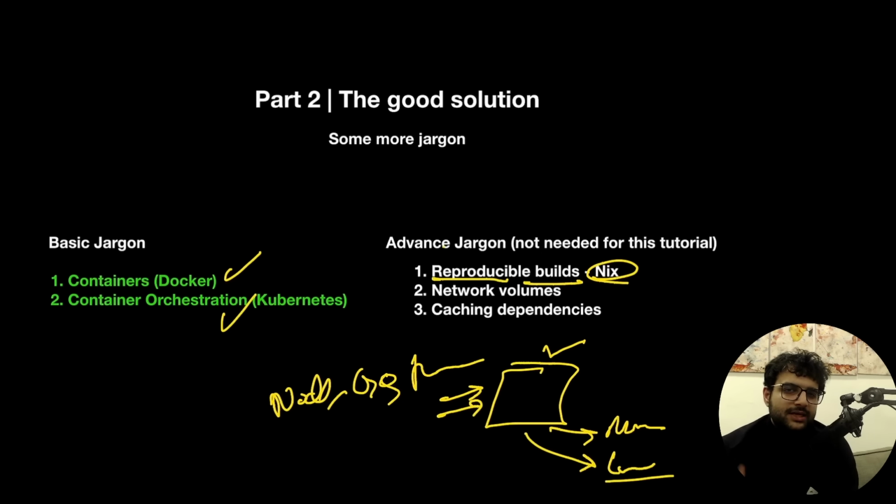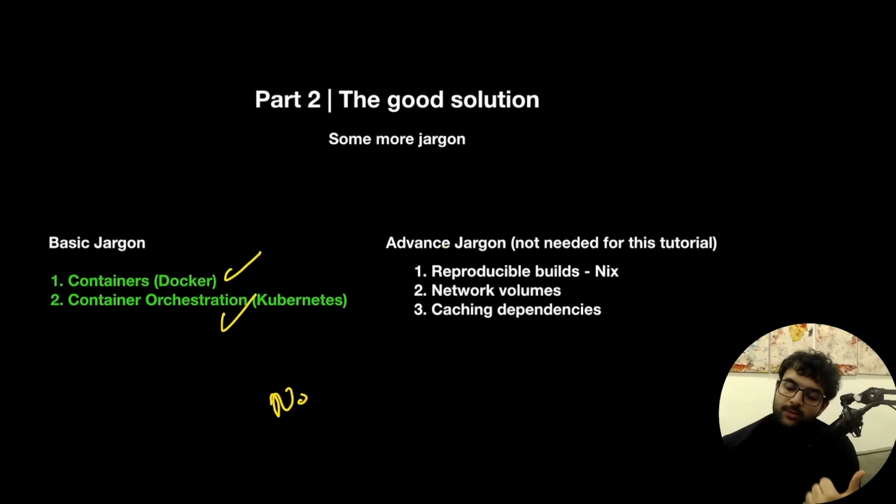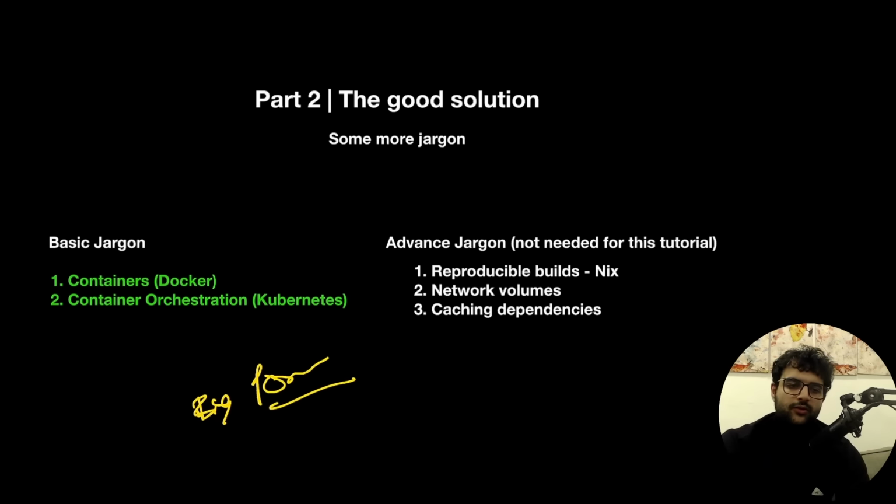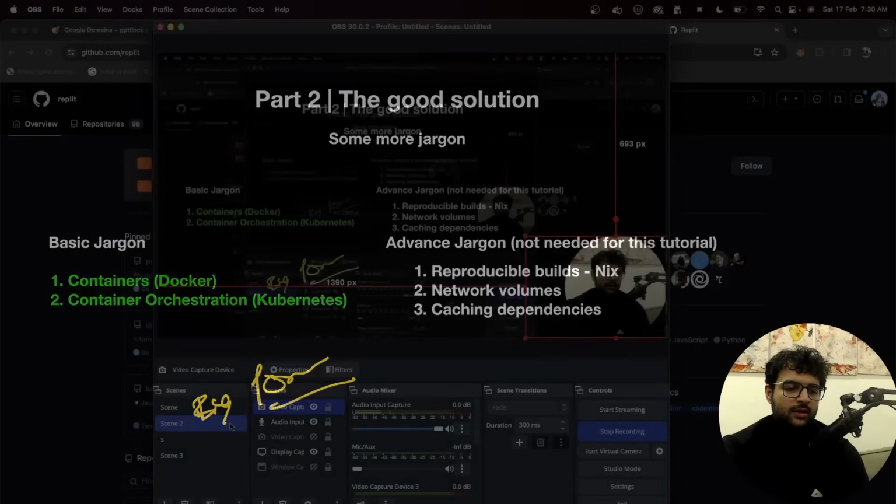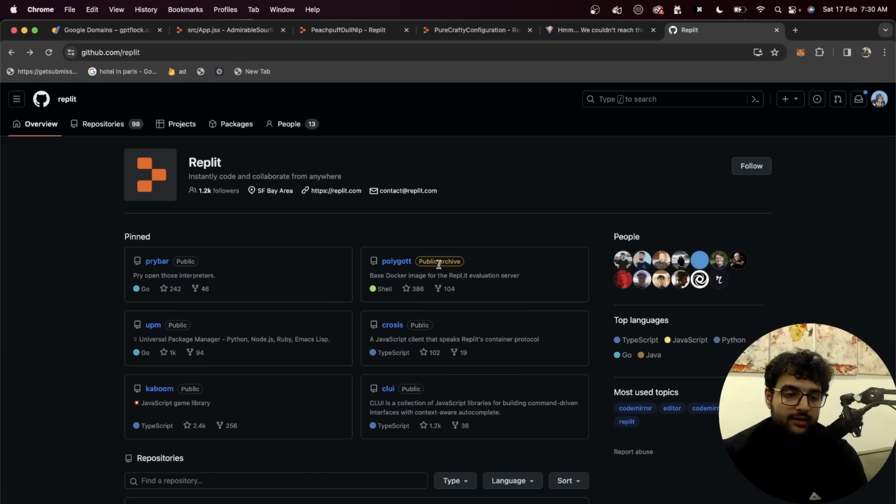We've not discussed package management too much now because we're using the old approach of how Replit used to work, which was a single big Docker file. If you go to their GitHub, let me open it real quick. They have a project that is now archived that says base Docker image for the Replit evaluation server.